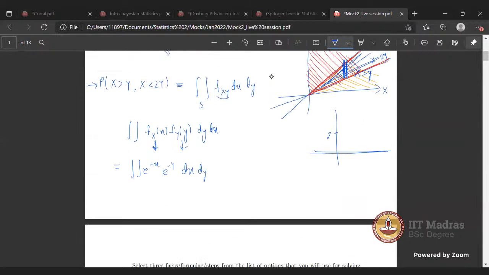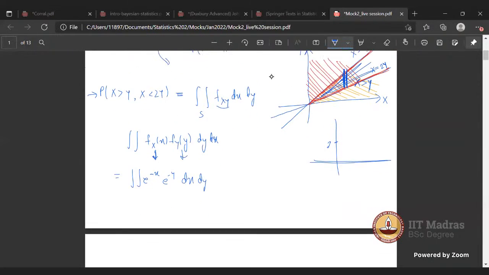And how is the range varying? Let's say first I'm integrating with respect to y. So I will treat e to the power minus x as constant and put it outside.